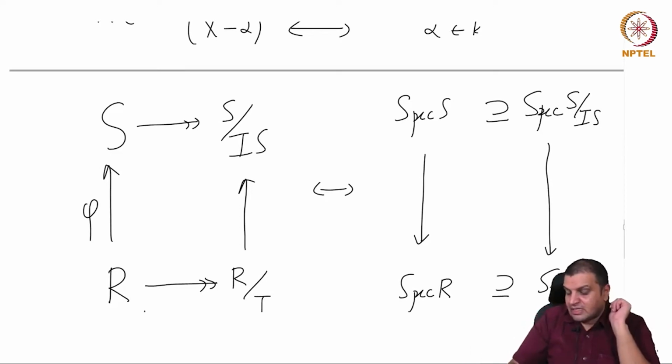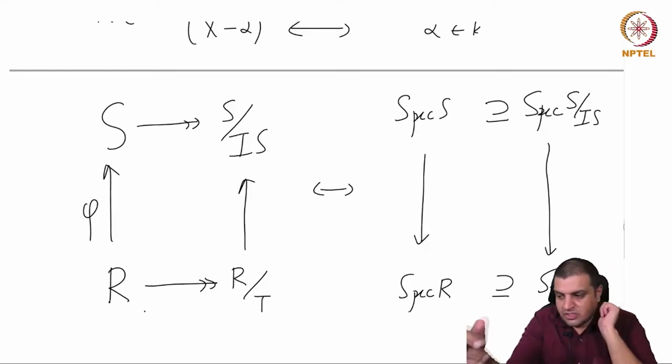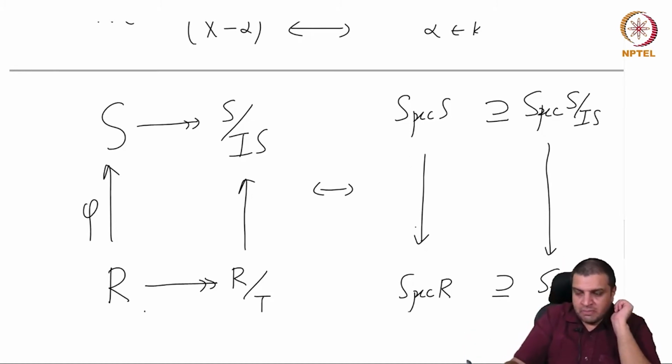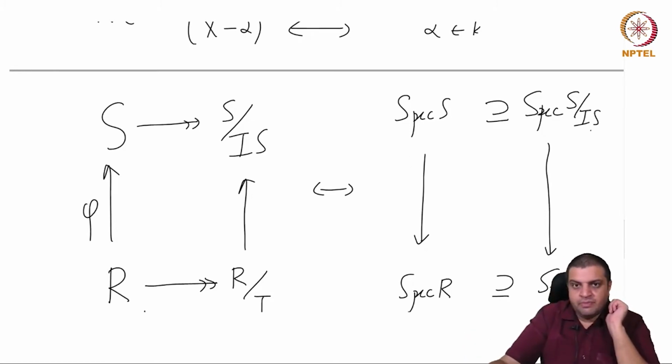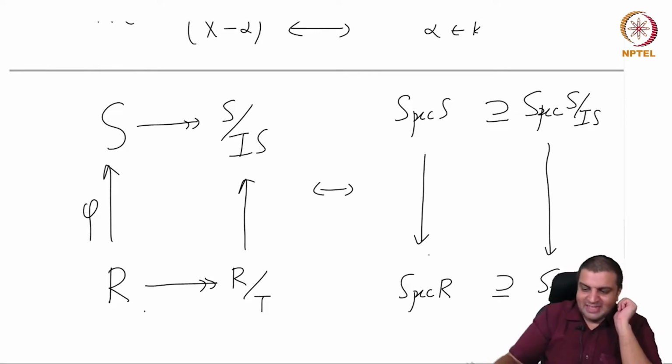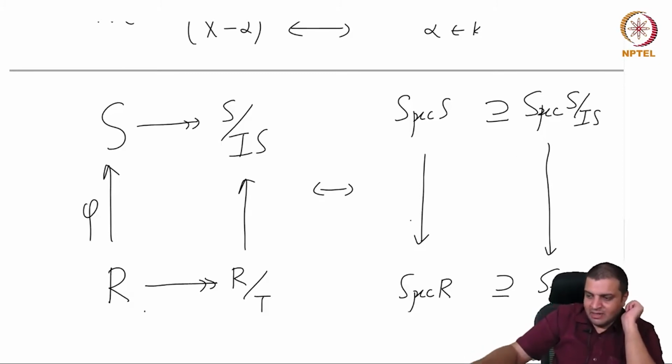Suppose I take a closed subset here of spec R, which is spec R mod I. What is its inverse image? Well, all the primes in the inverse image through this map will actually be primes here. Okay, so therefore, we get this diagram. I had not checked that this is a meaningful diagram when I wrote it. Now we have checked it.